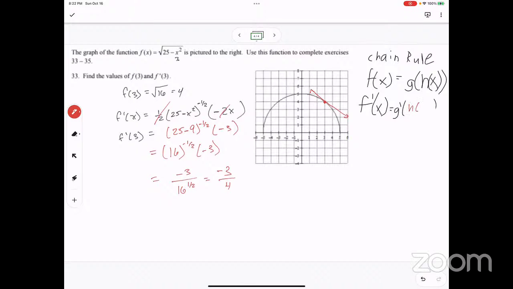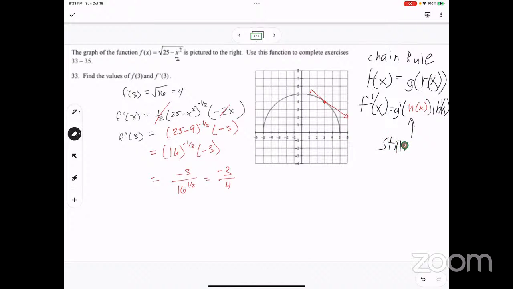That's how you should write it. And then times the derivative of h of x. Yeah. So it's still inside? Yeah, you leave h of x inside of the derivative.